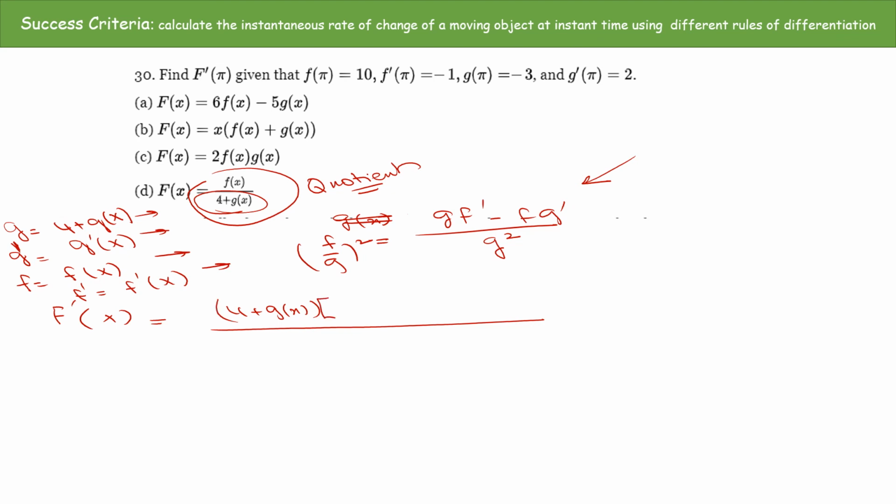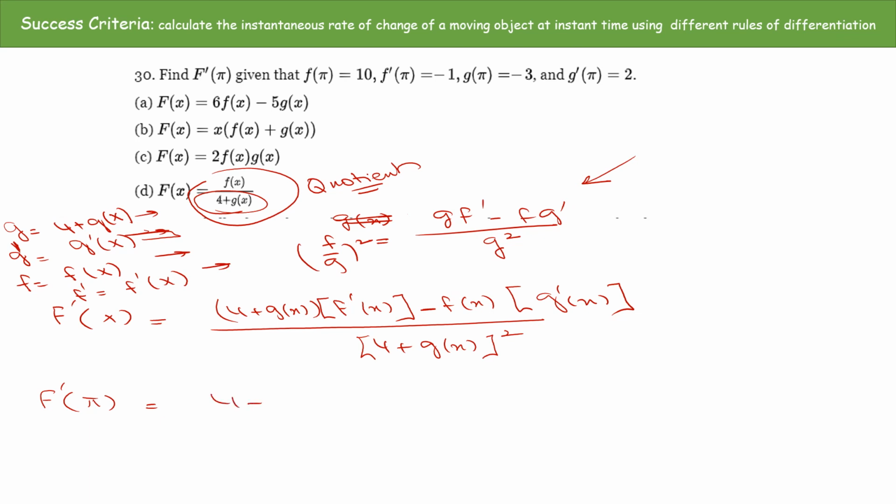My f prime is f prime of x minus f, that is f of x, and g prime is the derivative of 4 plus g of x, which is g prime of x, because the derivative of 4 is 0. Over the denominator, write it as it is but square it. No need to solve further, just replace your x by pi and find your answer.